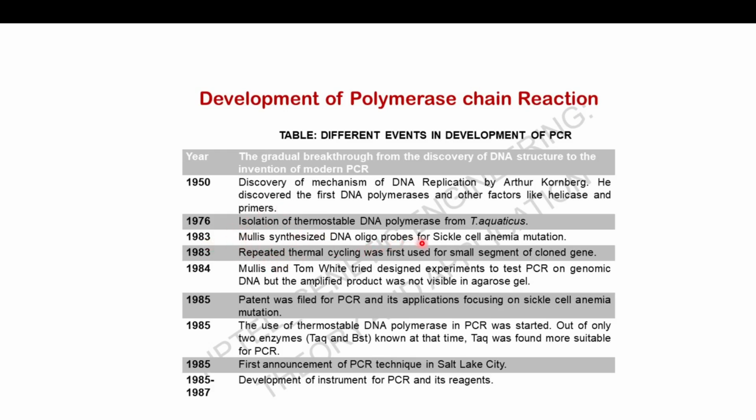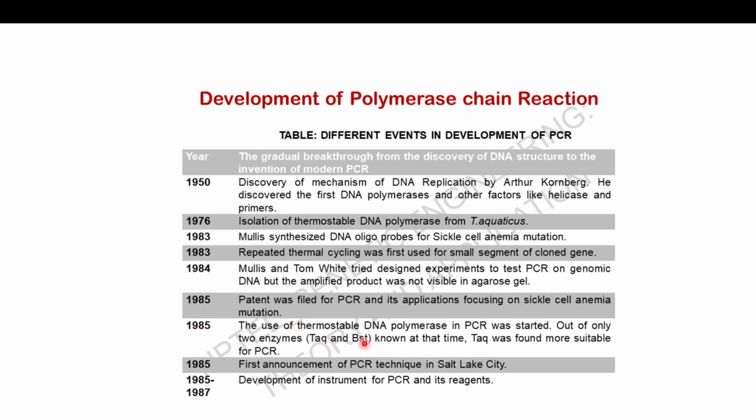Mullis discovered DNA oligoprobes, and in 1983, the same year, repeated thermal cycling was used to amplify a small segment of a gene, and then it was patented in 1985 for PCR.